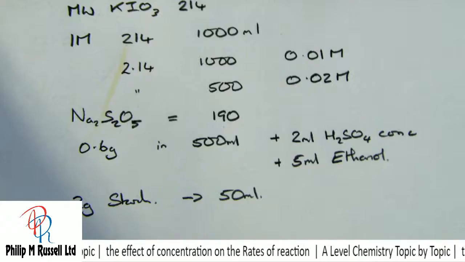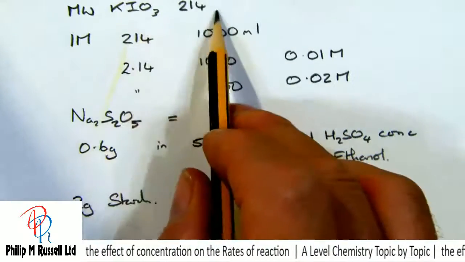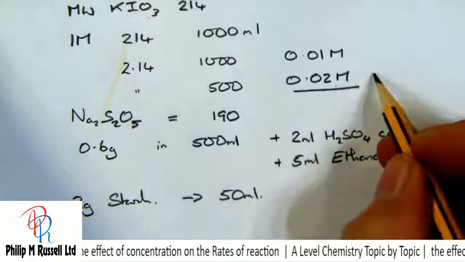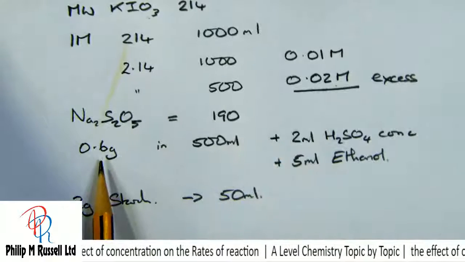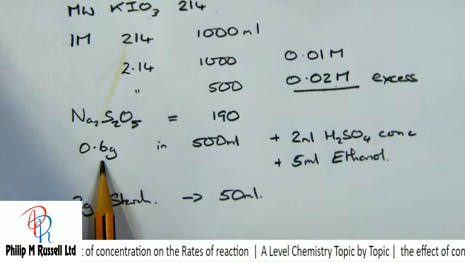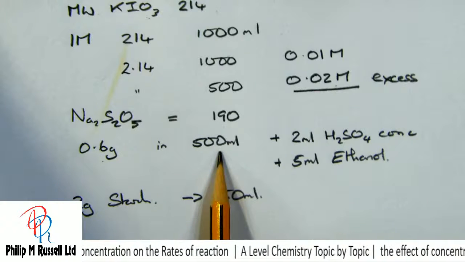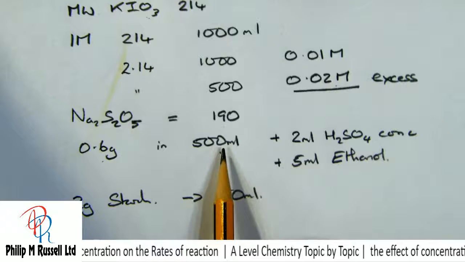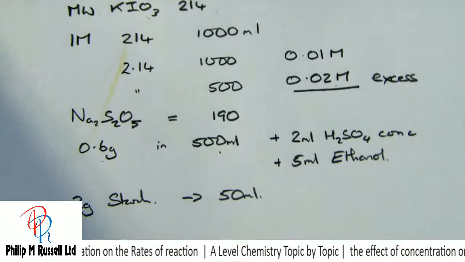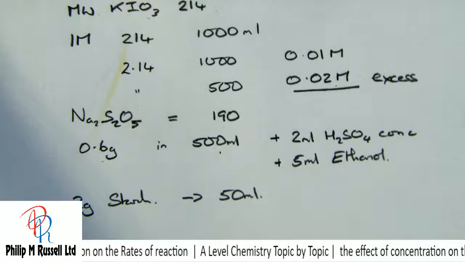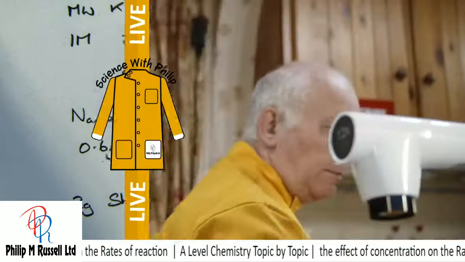So we've got the iodate here in excess, and we've got our 0.6 grams here dissolved in 500 mLs. So let's see if we can work out a rate from this. So let's go over and have a look at the experiment again.